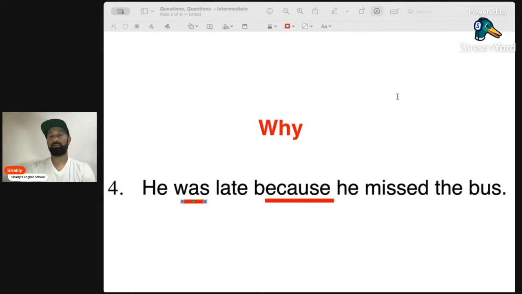All right, so let's put the be verb pattern up here. WH word plus my be verb plus my subject plus verb or adjective or adverb.